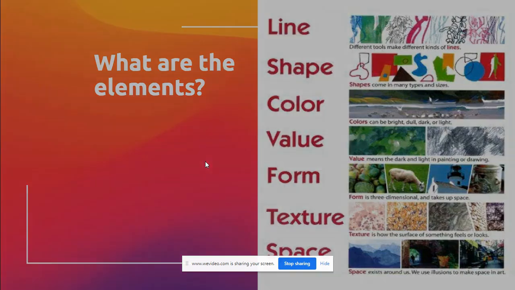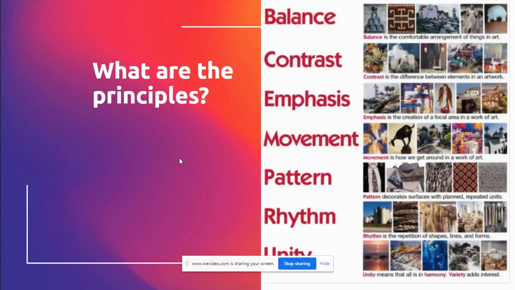Let's talk about the principles. Principles are balance, the comfortable arrangement of things in art, how we place things on a page or a canvas. Contrast is the difference between elements in an artwork. Emphasis is the creation of a focal area in a work of art, something that stands out. Movement is how our eyes get around in the work of art when we're looking.